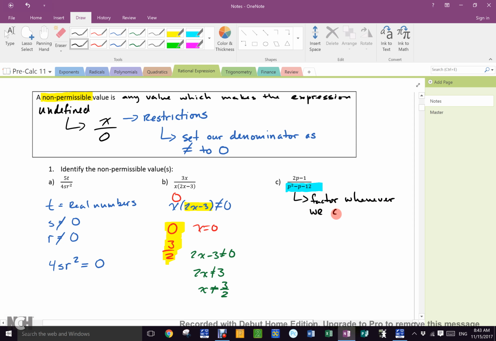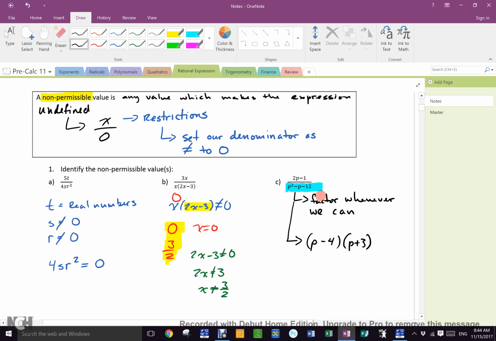What does that factor to? We factor it whenever we can. Who remembers how to factor that? Hopefully somebody. That is one of your answers. What does that factor to? P minus 4 and P plus 3.